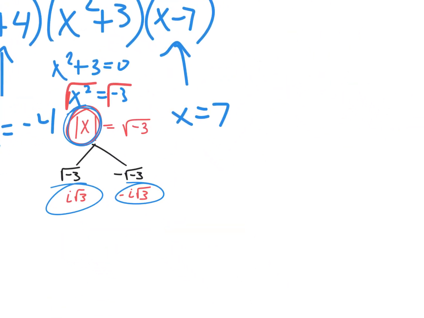Okay, next major concept is, what if I, instead of giving you the graph and asking you to write an equation, tell you stuff and you have to make the graph?